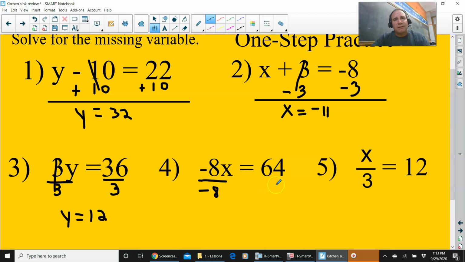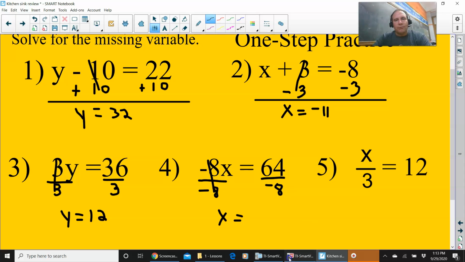A lot of people want to go change the sign there. You don't want to change the sign because, again, you want that negative 8 to cancel out with the other negative 8. Negative 8 divided by negative 8 is 1. That cancels out, and you have isolated the variable. 64 divided by negative 8.